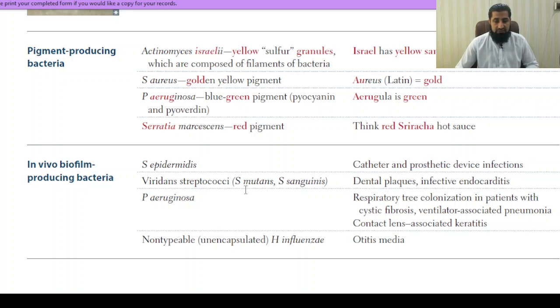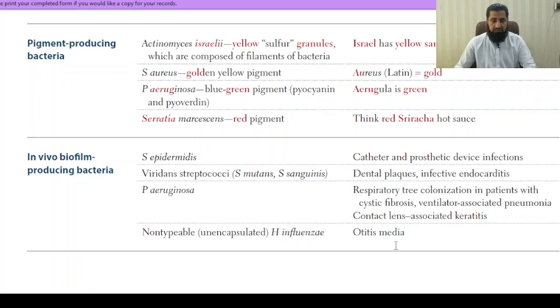Another thing, viridans streptococci, Strep mutans and Strep sanguis, form dental plaques and also cause infective endocarditis. Pseudomonas aeruginosa also causes respiratory tree colonization in patients with cystic fibrosis, ventilator associated pneumonia, and contact lens associated keratitis. Nontypeable unencapsulated H. influenzae cause otitis media.